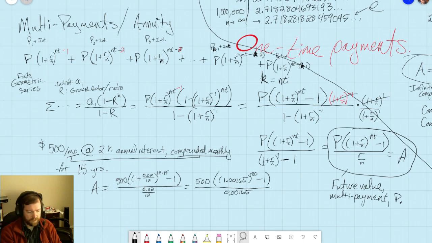So if we do this, alright, 500 times 1 plus r raised to the 180 minus 1, divided by r.